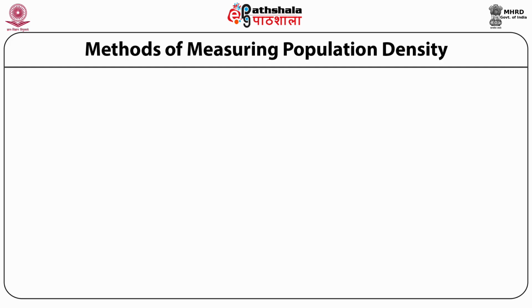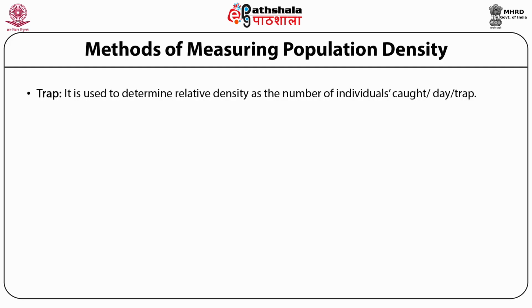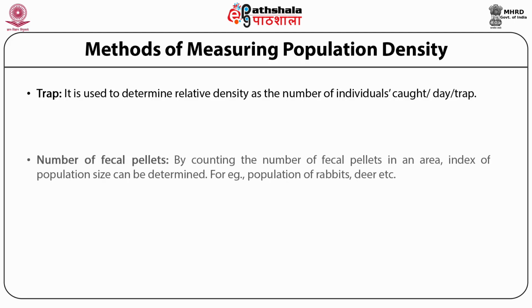Now, the next type is trap. It is generally used in recapture methods, but is also used to determine relative density as the number of individuals caught per day per trap. Next is the number of fecal pellets.